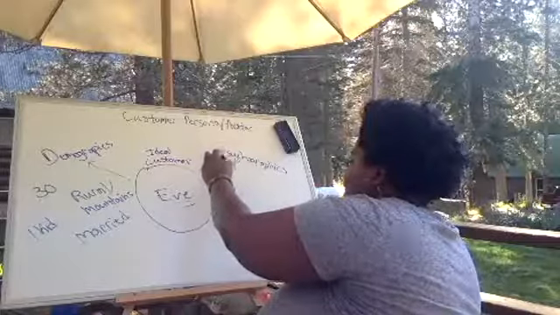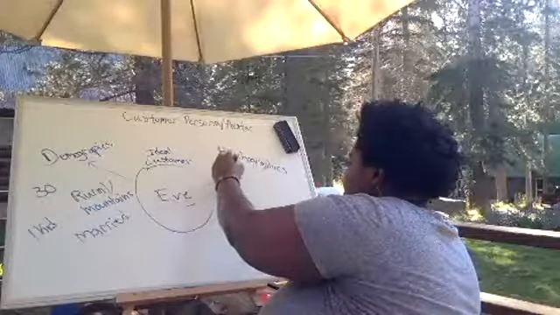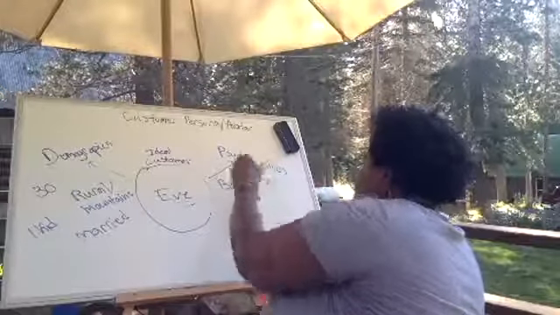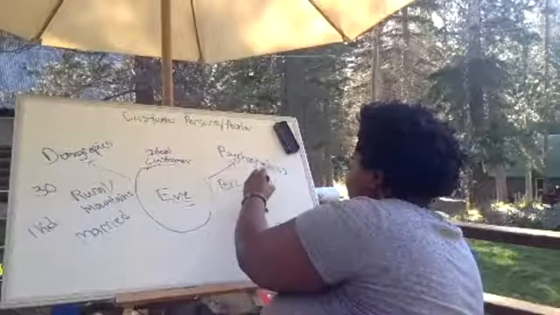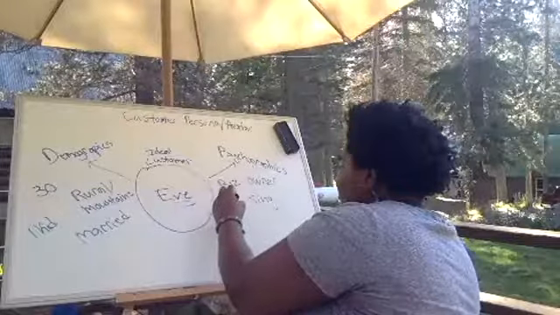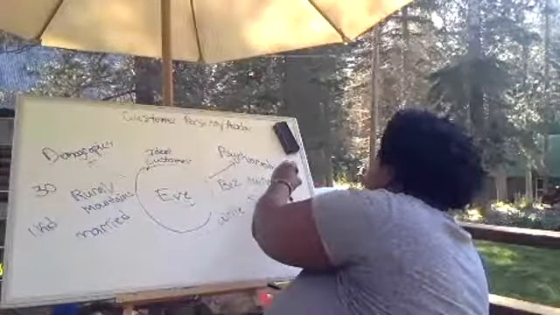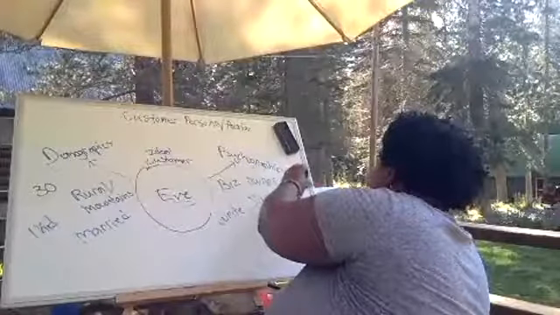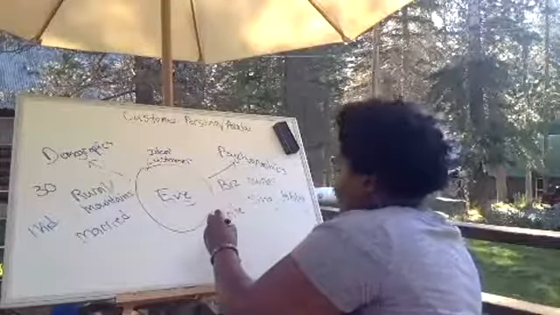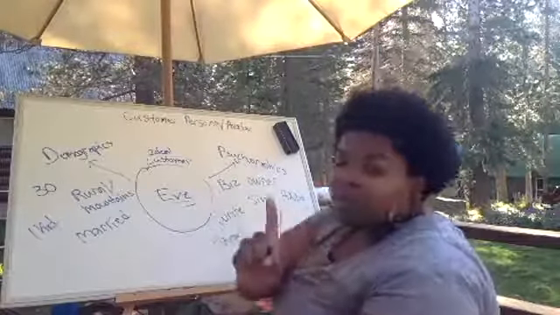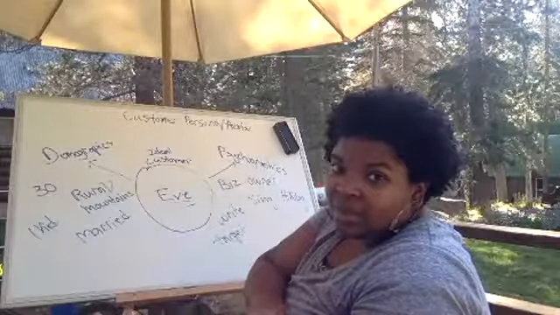Psychographics. I am a business coach or business owner. Okay. I sing. I write. I like hiking. I shop at Target. I refuse to shop at Walmart because I don't like the way they treat their employees.